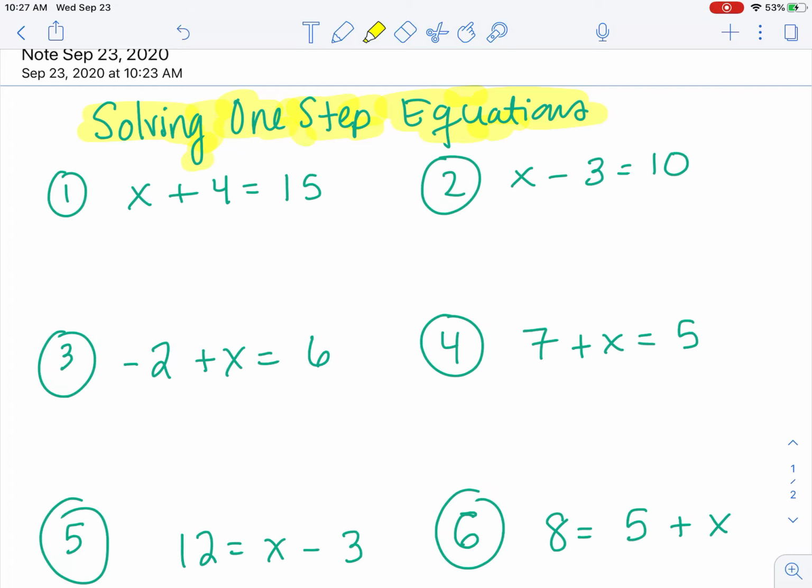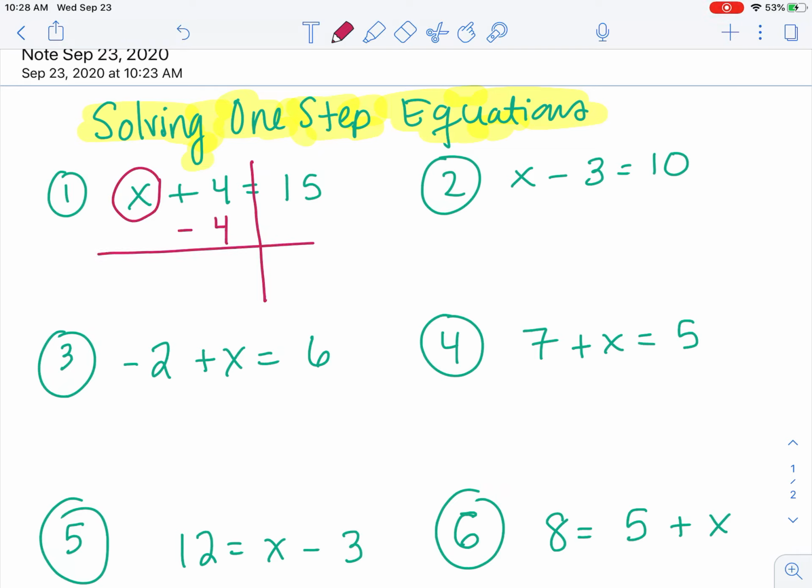Okay, so the goal when we're solving these equations, as you guys hopefully remember, is to get x by itself, right? So most of us like to draw a line down the equal sign, and then we use opposite operations to move the numbers to the other side. So this one has a plus 4, so I do the opposite of plus 4, which is minus 4.